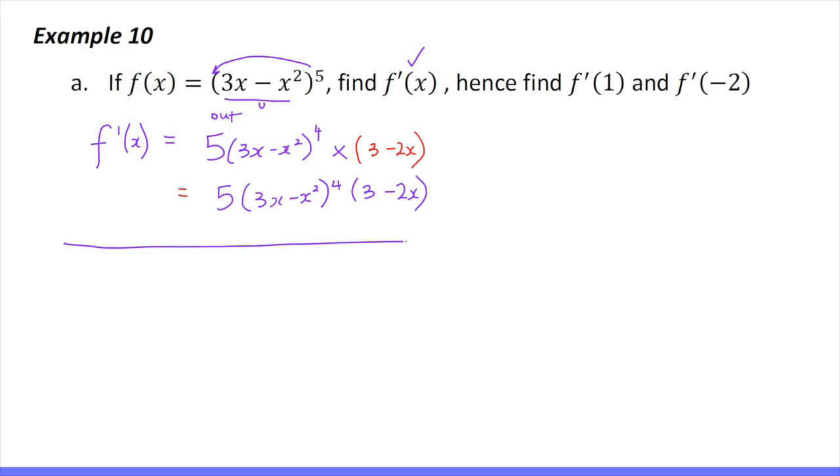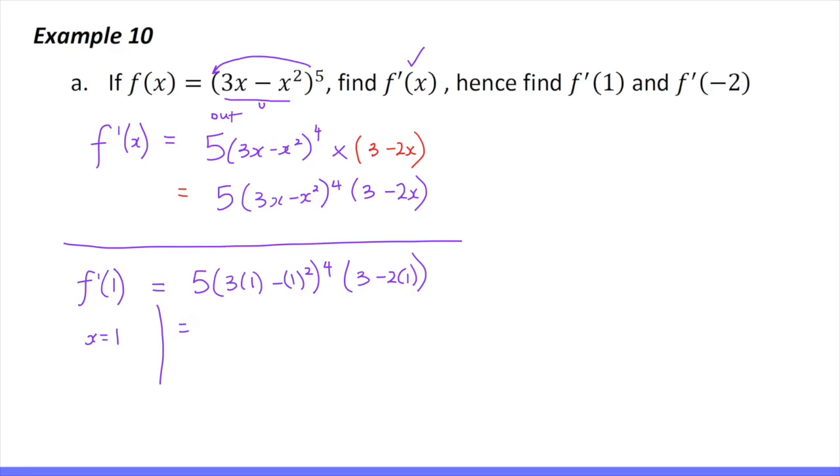Now we're up to our first step where we're going to find f dash of 1. So all I'm really doing is substituting x equals 1 into my function. Wherever I see an x, I'm just going to put in 1. And I'm going to be simplifying that. So 3 times 1 is 3, and then that's minus 1 squared, which is 1.